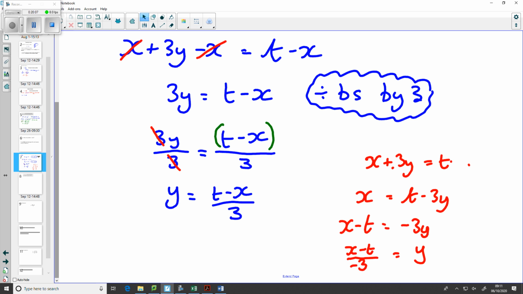And that still means the same thing, but you've got a strange term, and that's a much longer way to go about doing it.